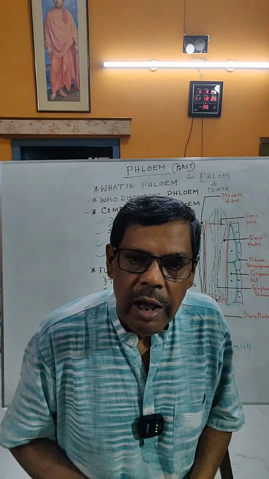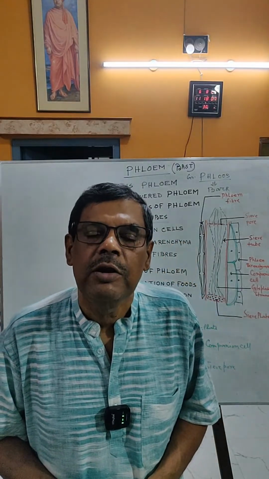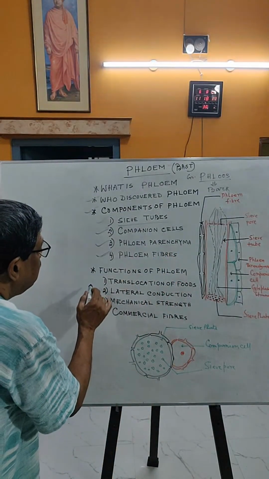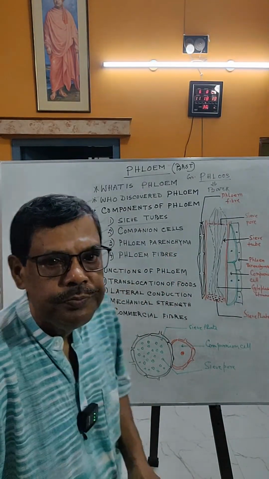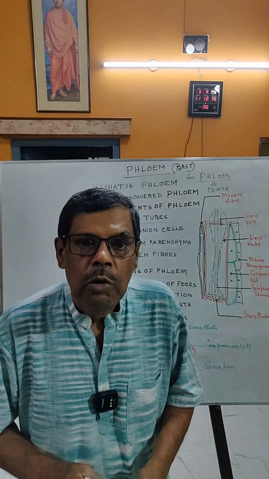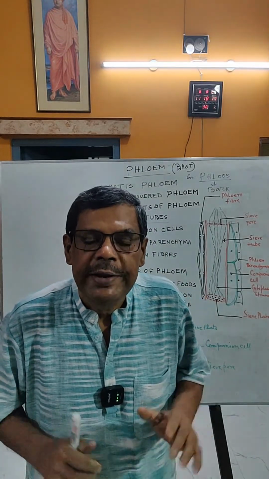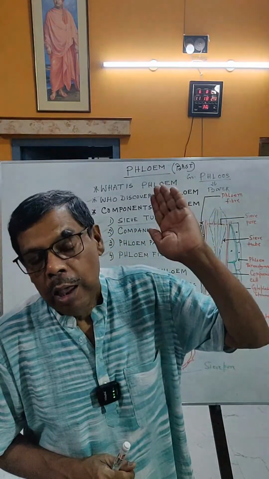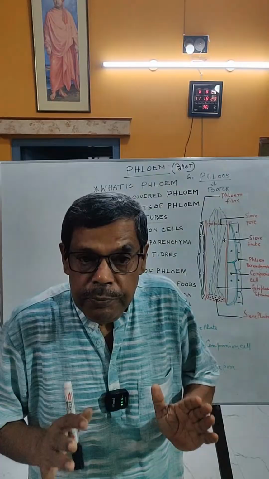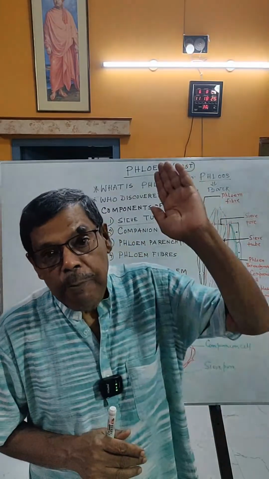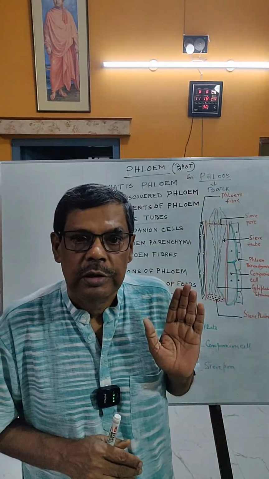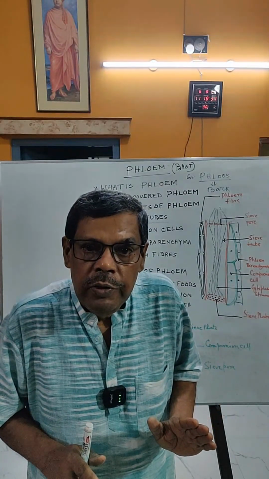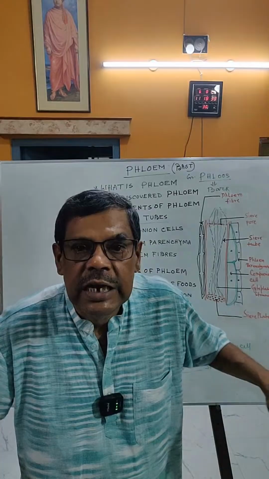Next, I will say about the functions of phloem. First of all, the function is translocation of foods. Phloem translocates food materials through sieve tubes upwards and downwards, not only upward and downward but in various directions of the plant.